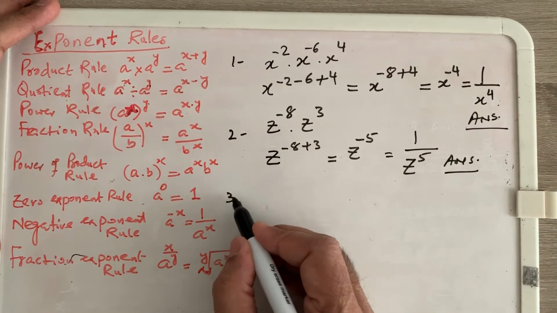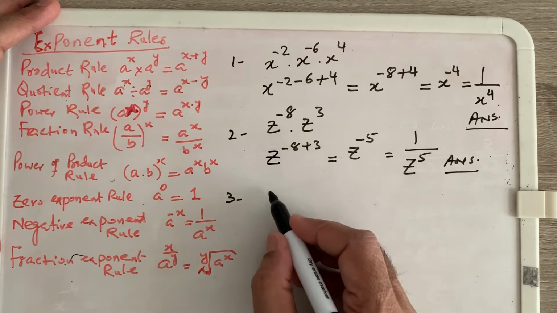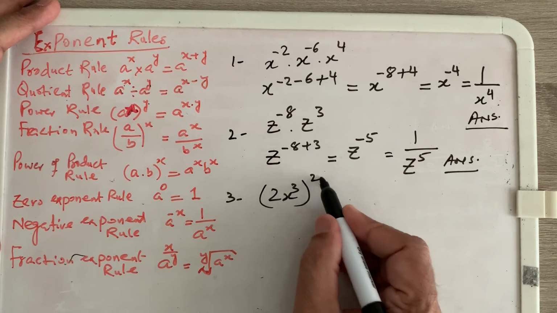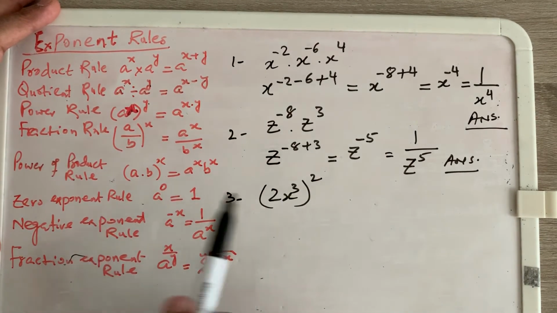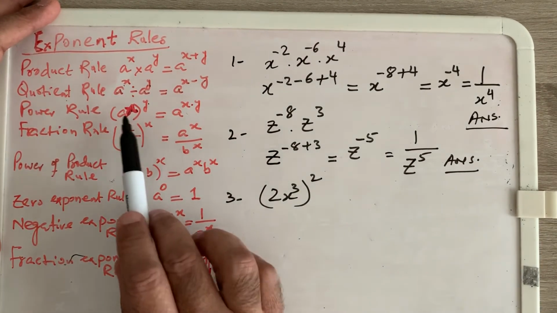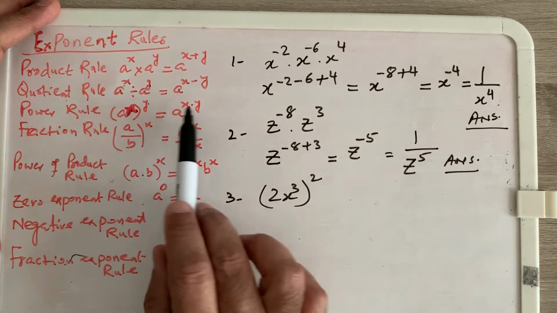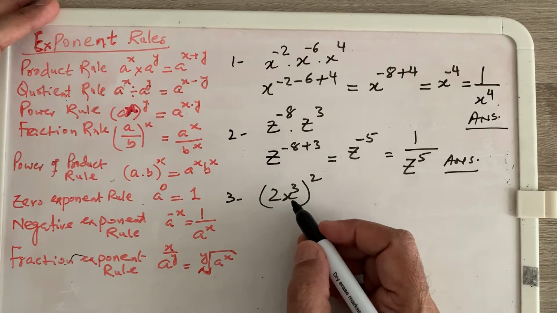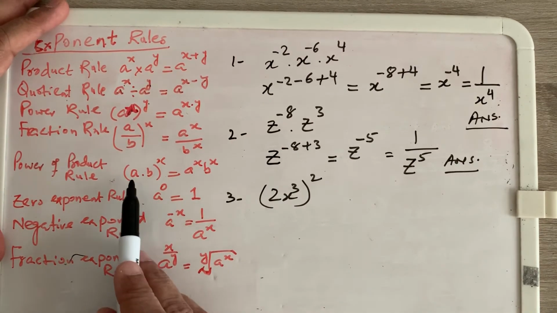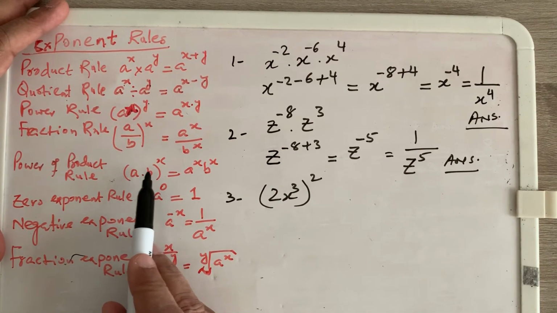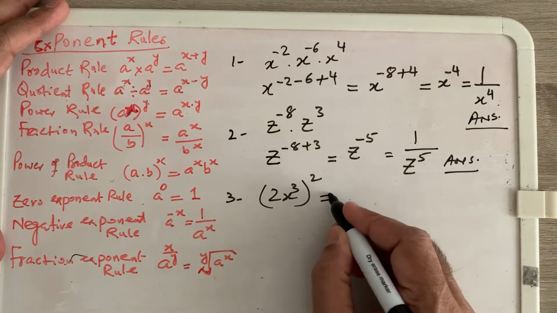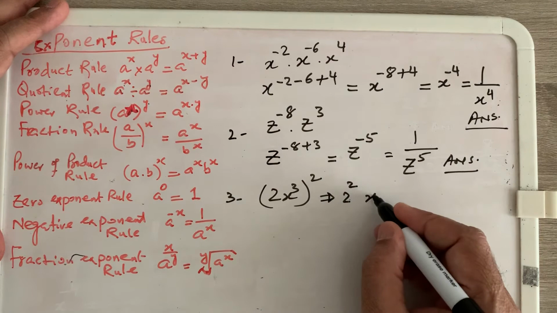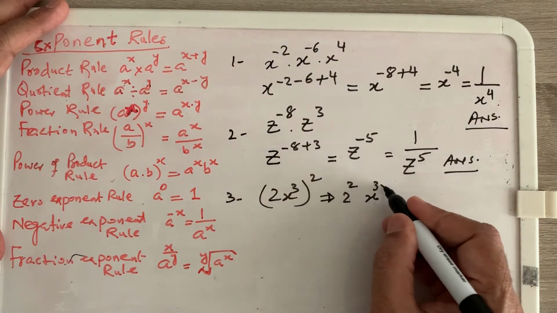I can take another example maybe. If you have (2x cubed) to the power 2, this is a power to the power, right here, the power rule. So the powers are multiplied, right? And it applies to everything inside, meaning if it is on 2 and x, then 2 to the power 2 and x to the power 3 times 2.